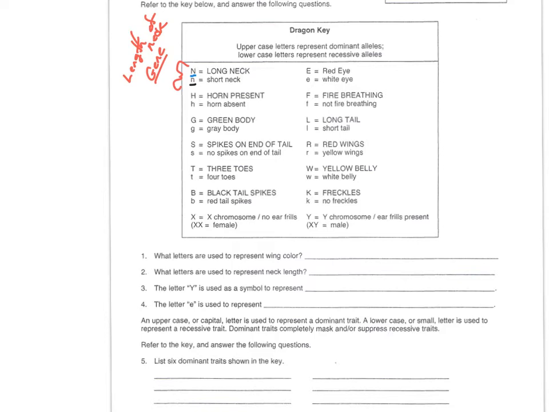You need two of these in order to see the short neck. You only need one of these alleles to get the long neck. Now, remember that when we talk about one or two, we're talking about that every organism, once it becomes an embryo, has two copies of each gene.